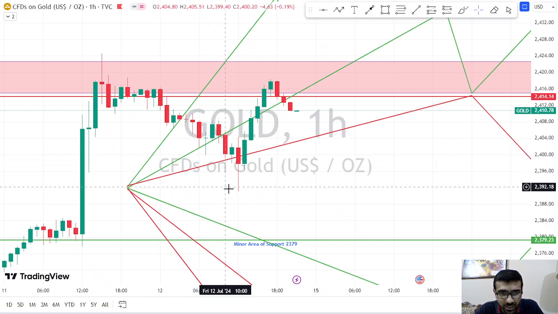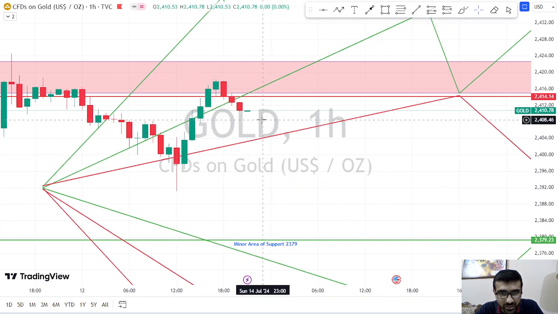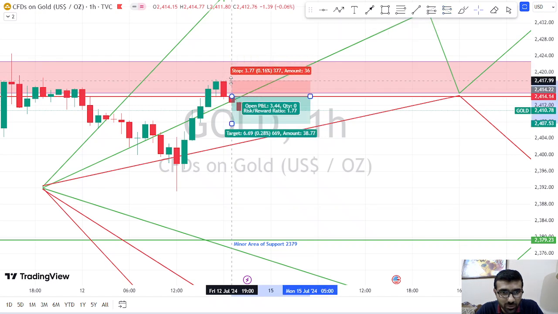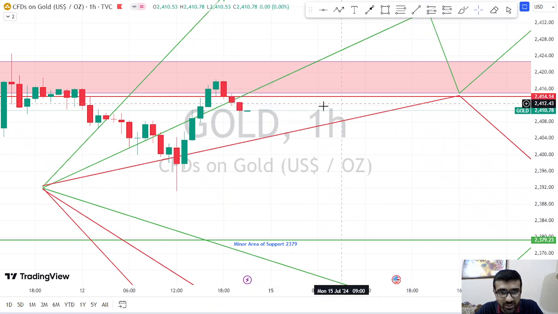And then again market continued to go up and tested our area of resistance, and from here you can clearly see that market closed with the red candle at the 2414 level. So this will be our trade number 1. Our stop loss will be just above this previous candle, and our possible take profit will be at a 0.9% level, and this trade could very well still be running.